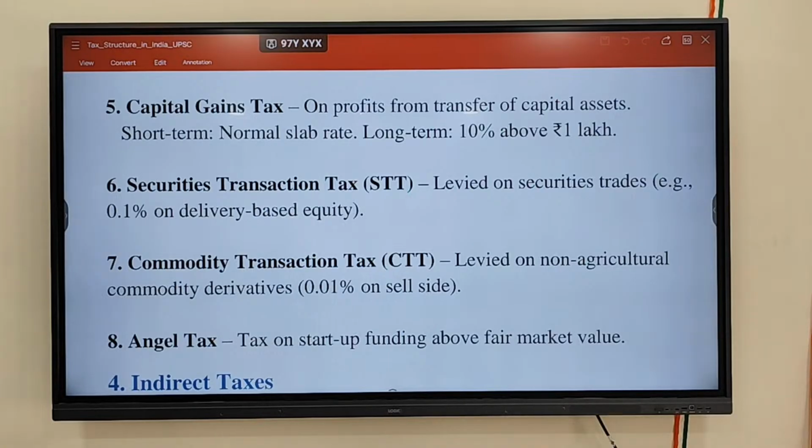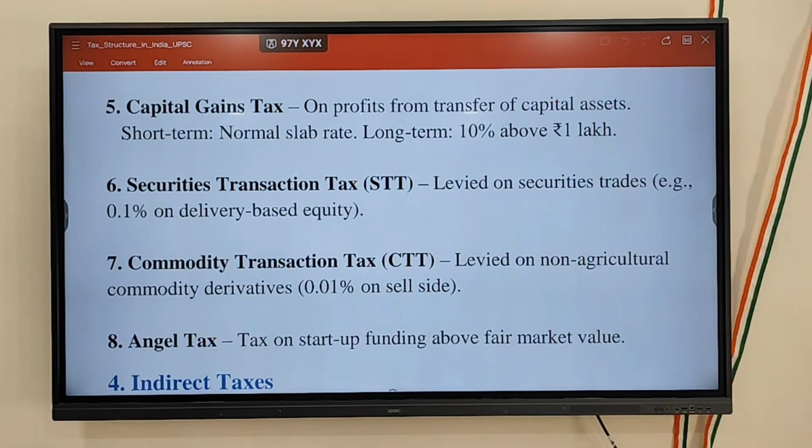If they ask which are the financial transaction taxes, there are two types: one is CTT and the other one is STT.